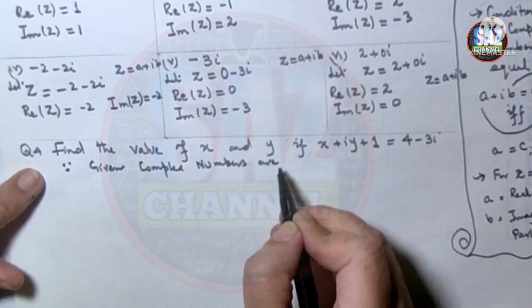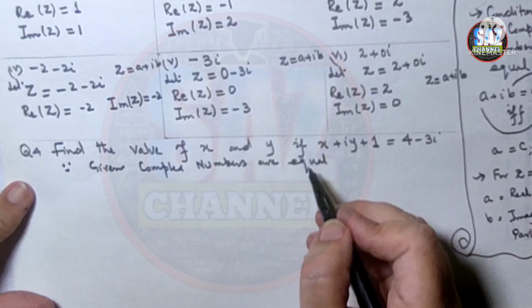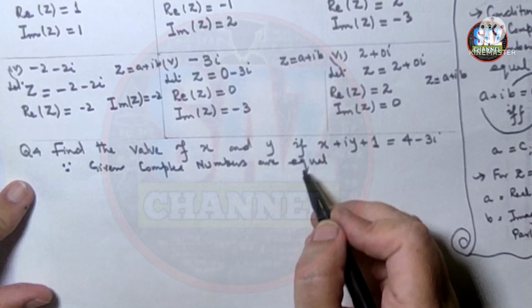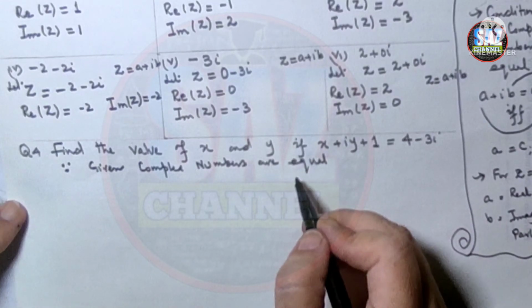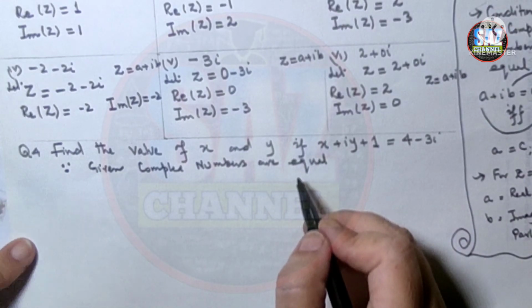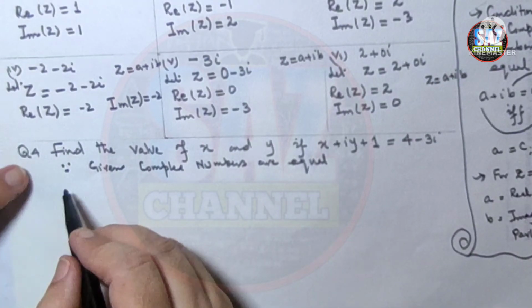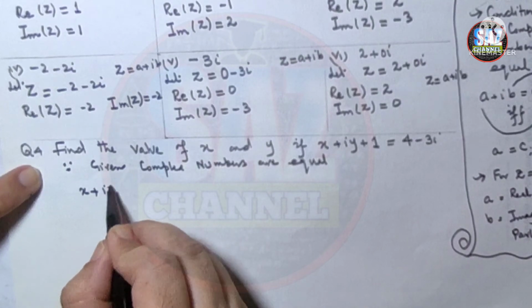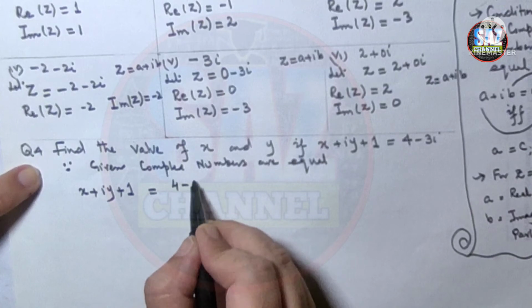Therefore, what we can do is apply the condition that the real part of the first complex number equals the real part of the second complex number, and the imaginary part of the first complex number will be equal to the imaginary part of the second complex number. So the given question is x plus iota y plus 1 equals 4 minus 3 iota.